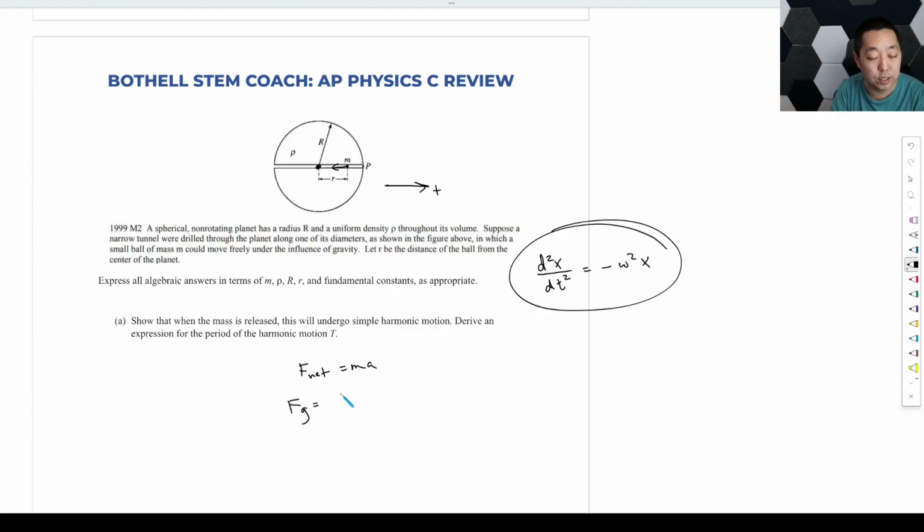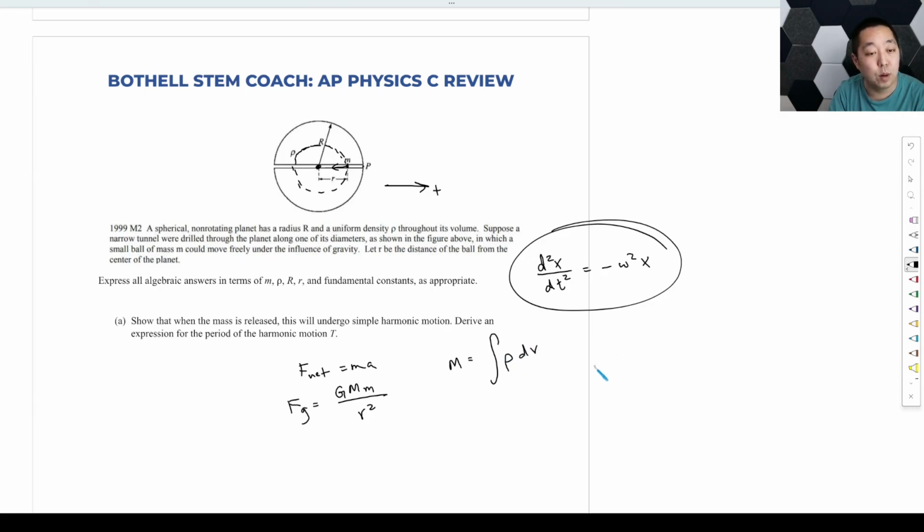So the force of gravity is going to be G, mass of the planet M over r squared. Now this M is not the mass of the entire planet. From our Gaussian law for planets, we can only include the mass within the sphere here. So this mass is going to be the density times the volume.